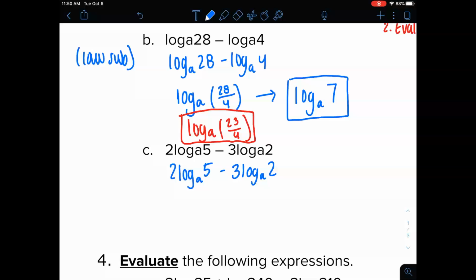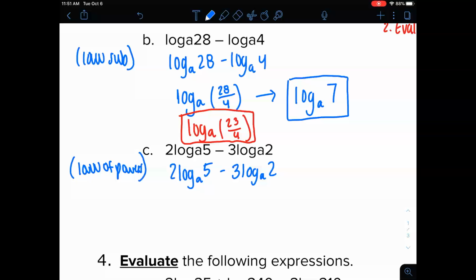Now, these expressions are different than the other ones because they have these coefficients out in front. So before we can even address that subtraction sign in the middle, we have to use our law of powers.